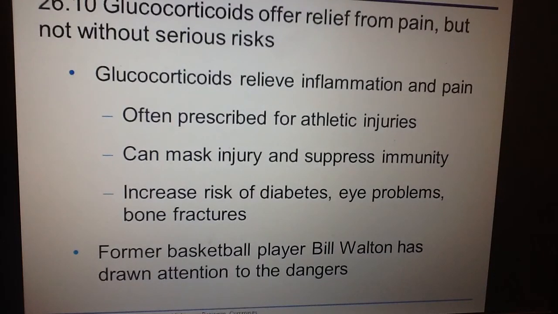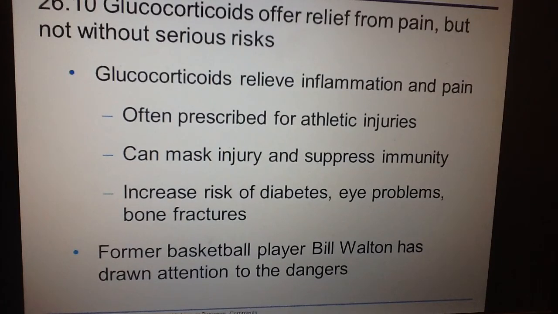One of the things about these glucocorticoids that are being produced by the adrenal glands is that they can actually cause relief from pain. So when you have an injury or you take something like an Advil, it's a glucocorticoid, or some of you might have had injections of corticosteroids, and it just alleviates all of these problems.